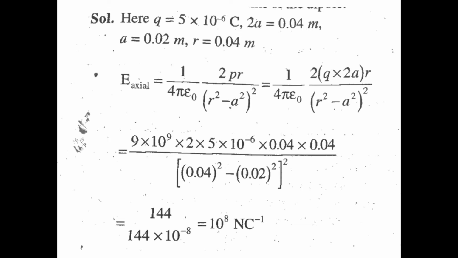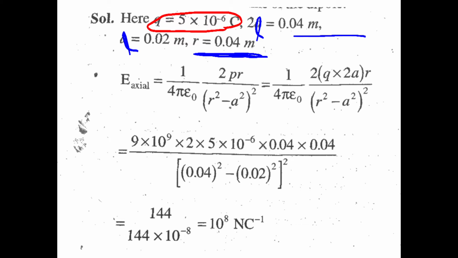What is the answer? Here Q, the magnitude of either charge, is 5 into 10 to the power minus 6 coulomb. Here given 2a, you can take this as 2L. This will be very easy for you. This 2L, then L is equal to 0.02 meter, and r is the distance between the observation point P and the midpoint of the dipole O. Then E axial, we have to determine the electric field intensity on the axial line.